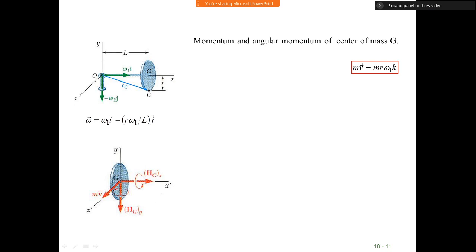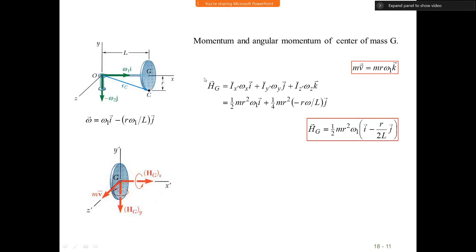So now if I express this rigid body as the linear momentum of the center of mass m v and the angular momentum about the center of mass G, we can write the same expression.